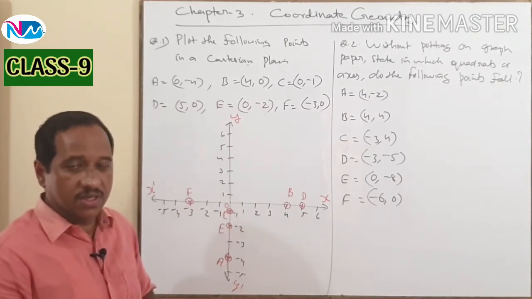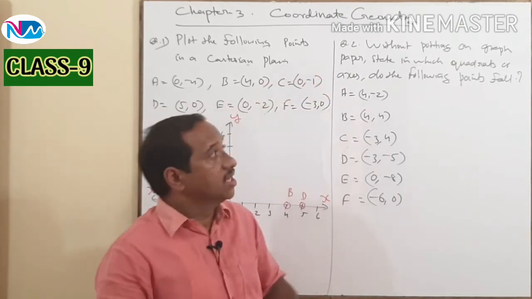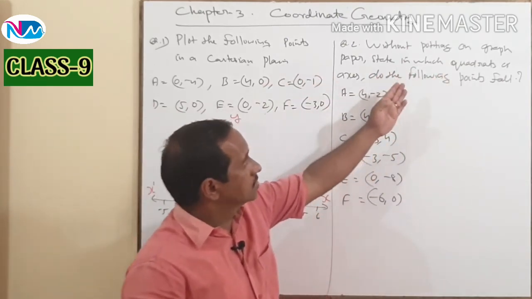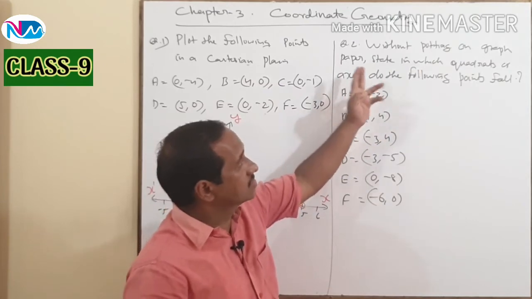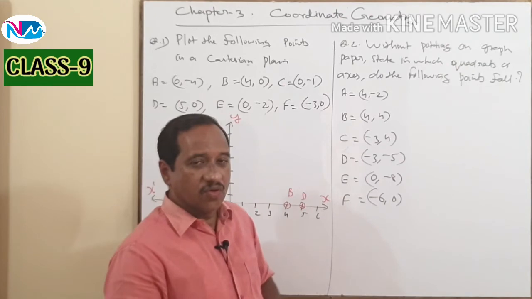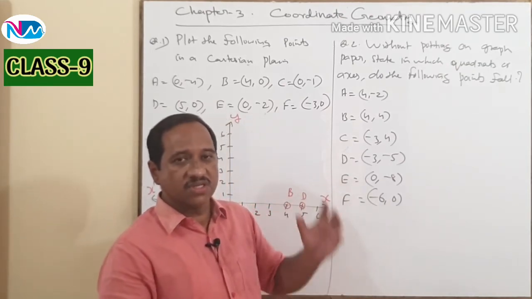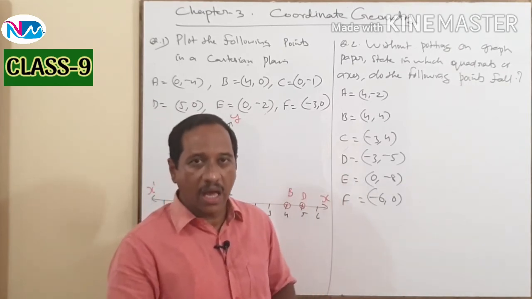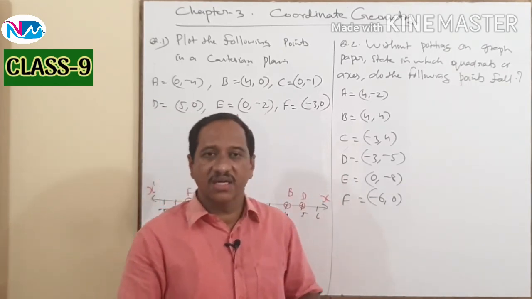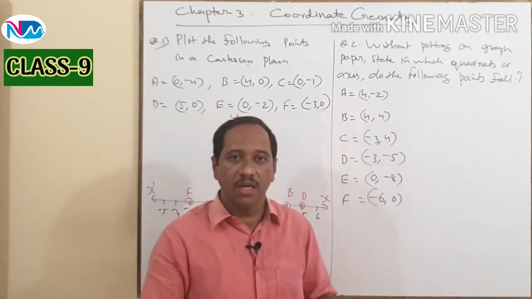Based on this, now we are going to the next question. Question number 2. Without plotting on a graph paper, state in which quadrants or axes do the following points fall. Here you have to say, without using a graph paper, in which quadrant, that is first, second, third or fourth, and in which axis, that is x-axis or y-axis, do the following points lie.